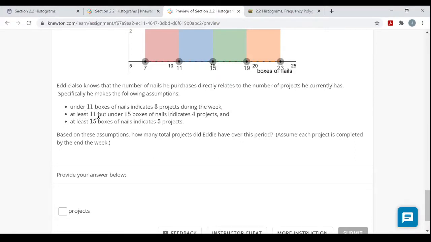If he orders at least 11 but under 15, so 11 to 14 boxes of nails, that means he has 4 projects that week. And if he orders at least 15 boxes of nails, that means he has 5 projects that week. Based on these assumptions, how many total projects did Eddie have over this period?